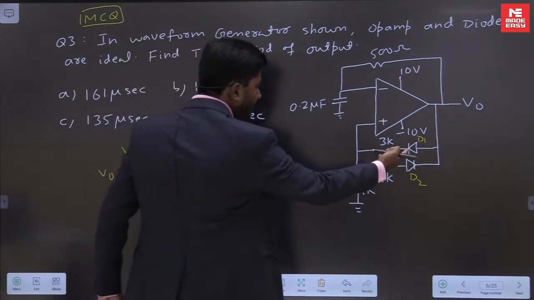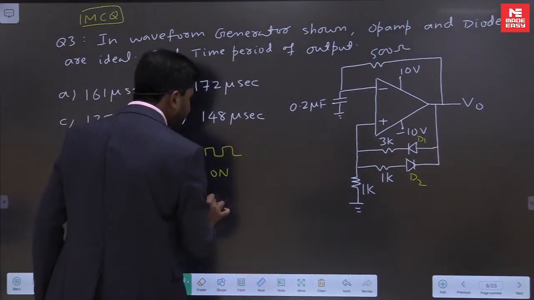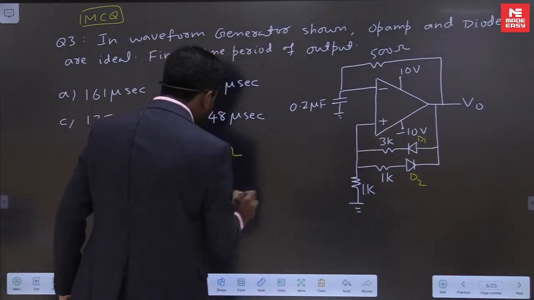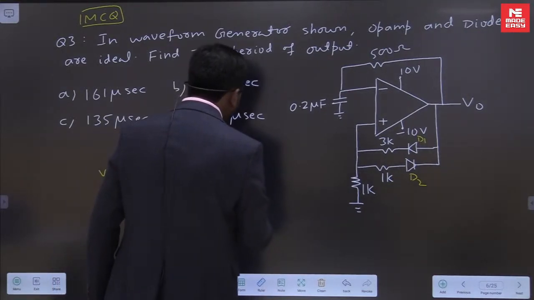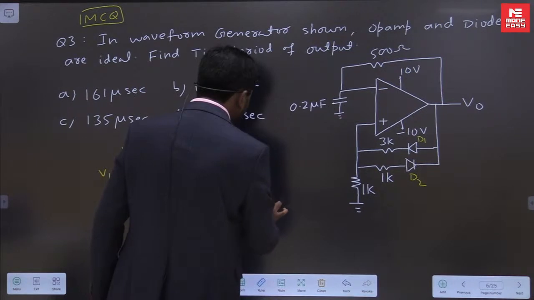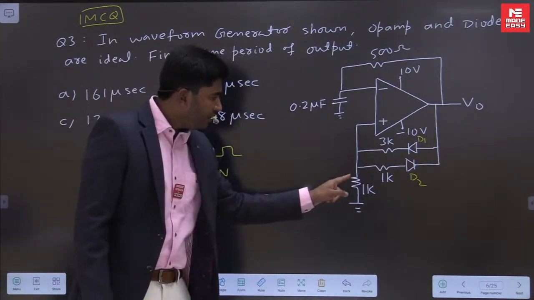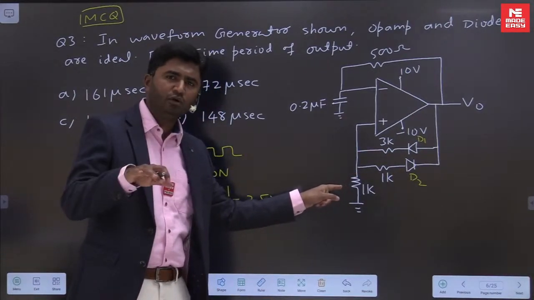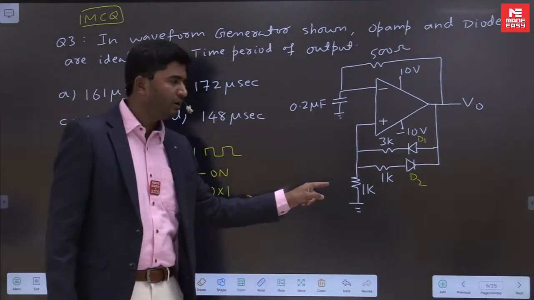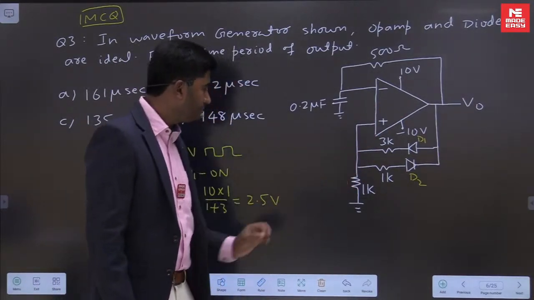So the upper threshold will be 10 into 1K divided by 1 plus 3, that is 10 divided by 4, which is 2.5 volt.